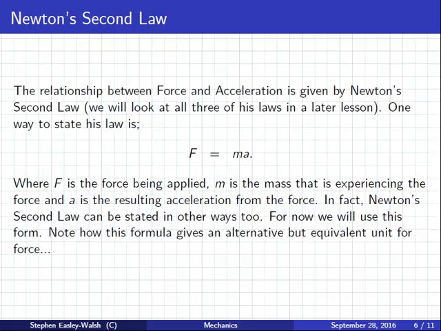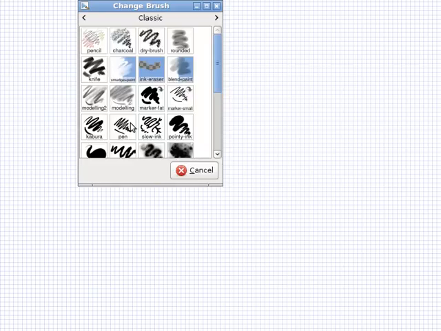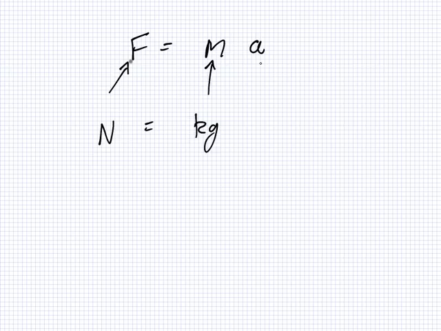Now, the unit of force is the Newton. But we can actually write the Newton a different way if we desire. So, we know that F equals ma. The unit here is Newton. The unit here, kilograms. And the unit here, meters per second squared.